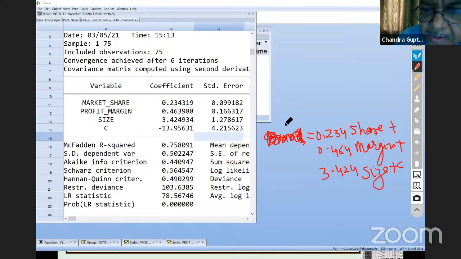This is my set. Okay, what is the interpretation of these coefficients?